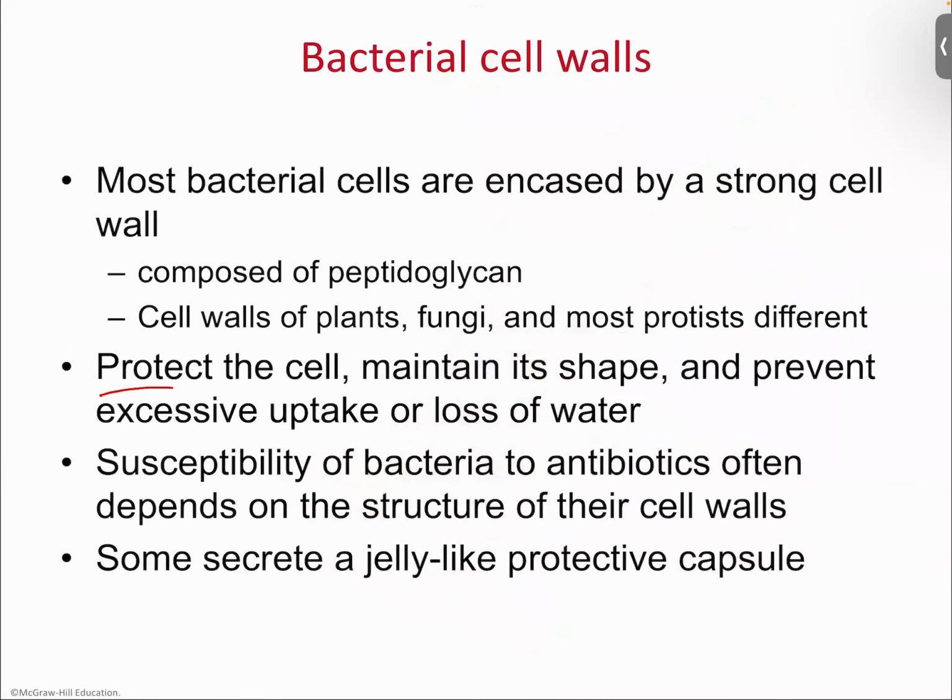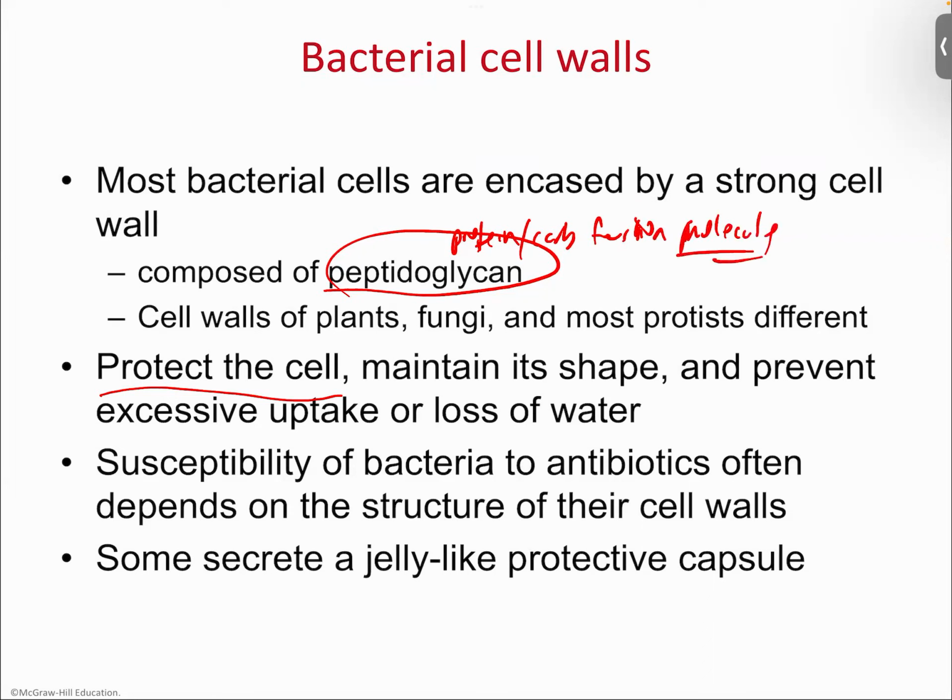It's largely there to protect the cell, and it's made out of peptidoglycan, a fusion of both protein and carbohydrates. Peptido is for the peptide, the protein part. Glycan is for glycogen, the carbohydrate component.